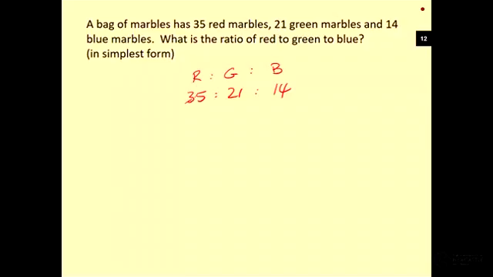How many 7s? 7 5s, 7 3s, 7 2s. We're not getting any simpler than that. All right, so 5 to 3 to 2. So for every 5 reds, there's 3 greens and 2 blues. Perfect. So 3-part ratios, we're sort of forced to do them manually, but it's not that much of a shocker.